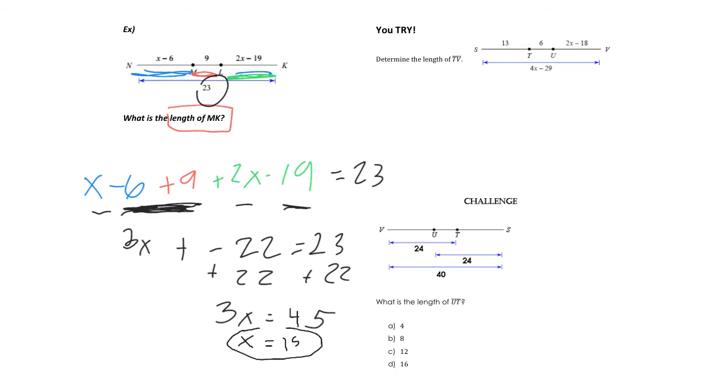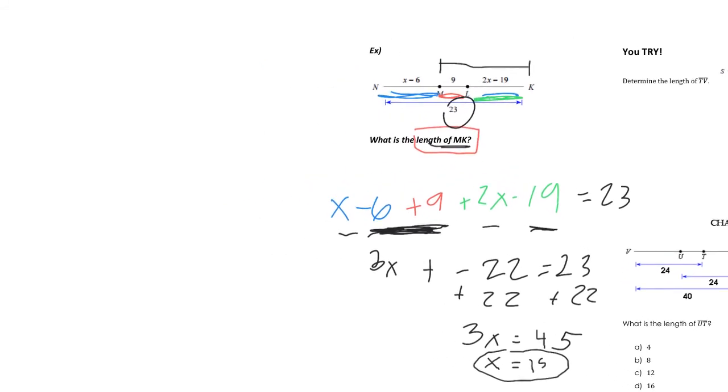So now that we know x, we want to go back and answer the question. We got to find the length of MK. So right now I see that MK is 9 plus 2x minus 19, that green piece, LK.